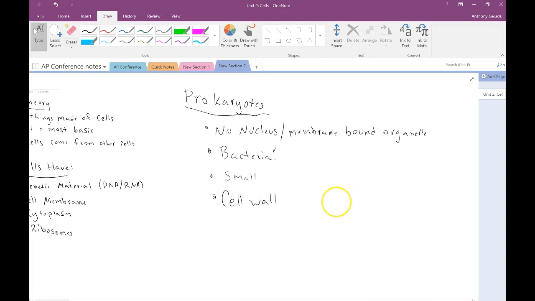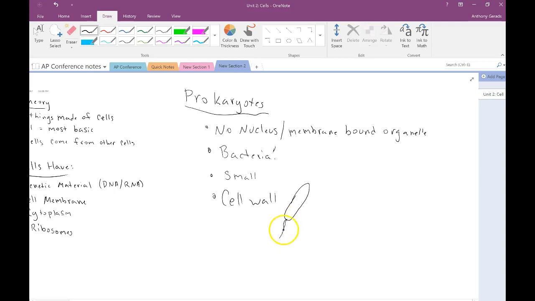So for instance, bacteria tend to have an oval-ish shape. If it's not round, it has a cell wall. Bacteria that is not round has a cell wall.